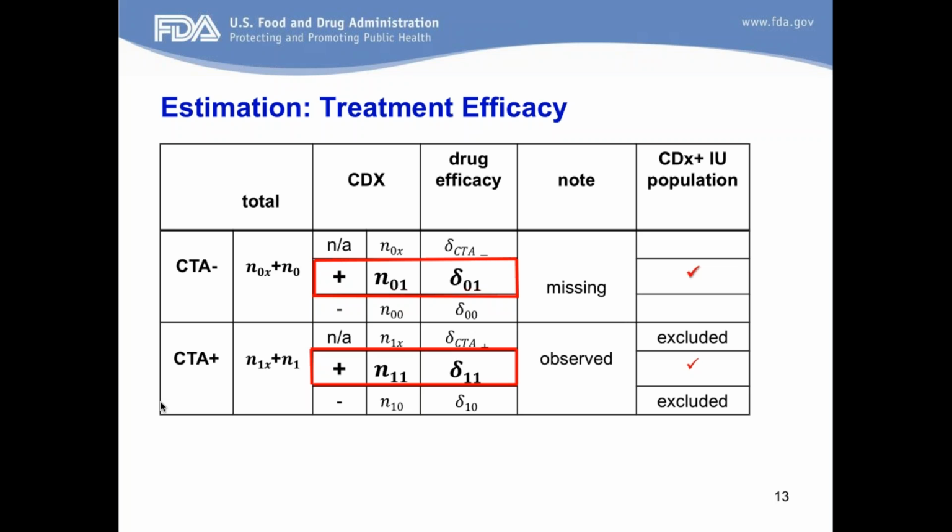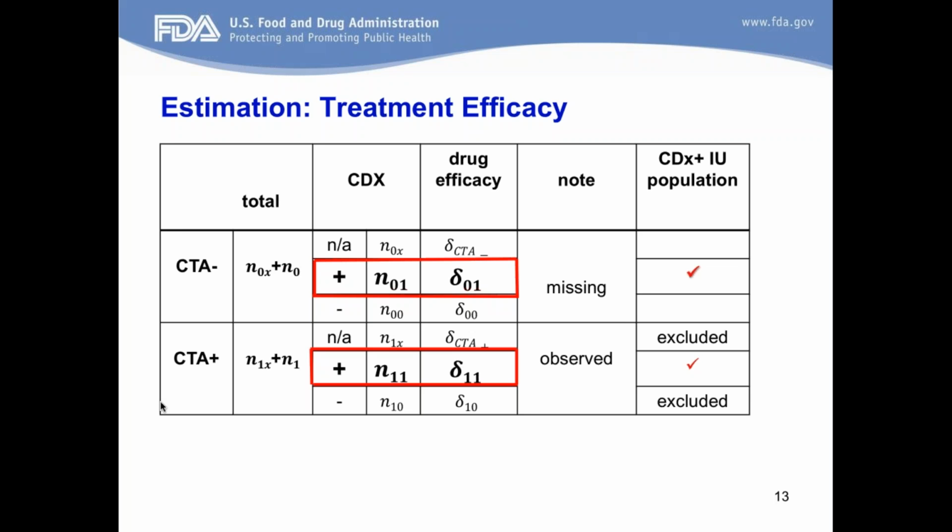Also, for CTA positive, CDX negative patients, even though they have clinical trial data because they are enrolled, those are not the CDX positive intended user population, so those patients are excluded. That's why I earlier mentioned inefficiency. That's also part of the inefficiency. If you have discordant patients between CTA and CDX, some patients are even enrolled, but they are not part of the CDX intended user population, so they will be excluded.